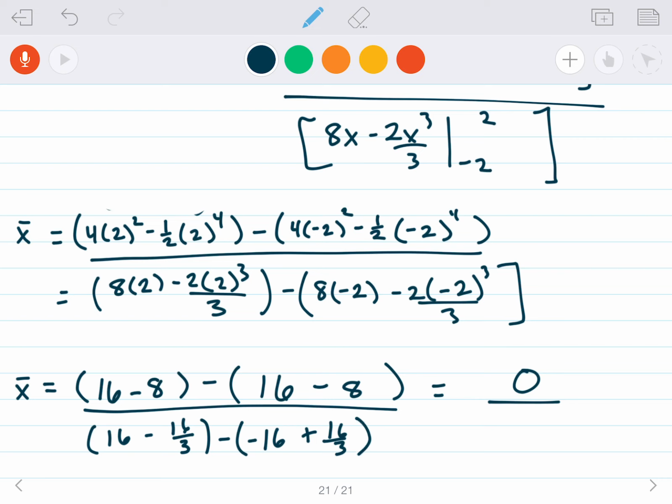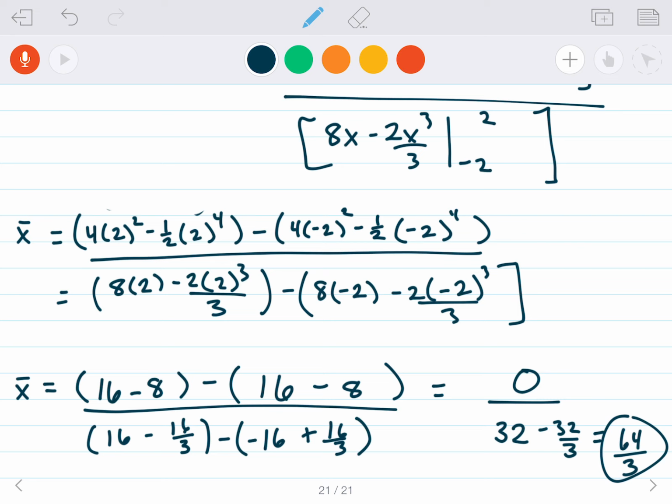So on the bottom, 16 plus 16 is 32. Negative 16 over 3 minus 16 over 3 is negative 32 thirds. I'm doing this because it's going to help us with our y bar calculation. So 32 minus 32 thirds is 64 thirds on bottom.